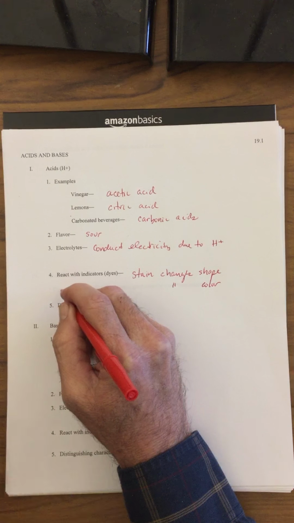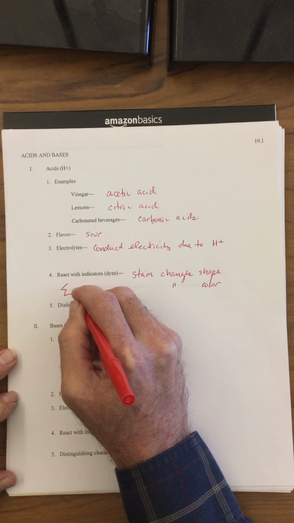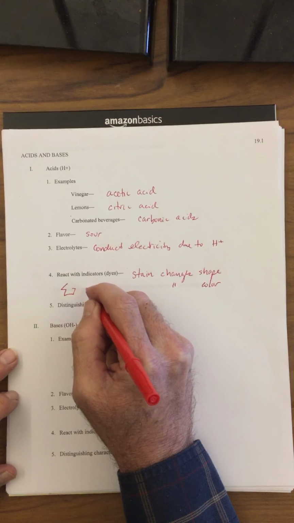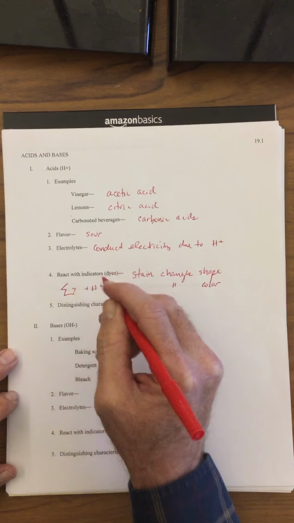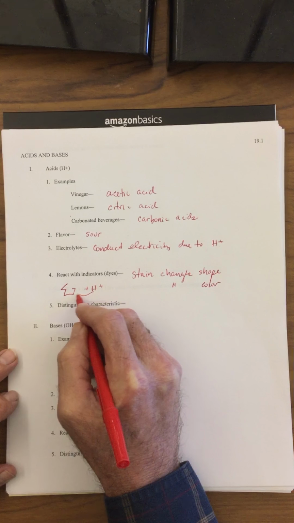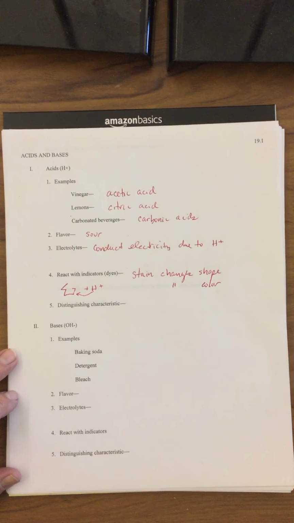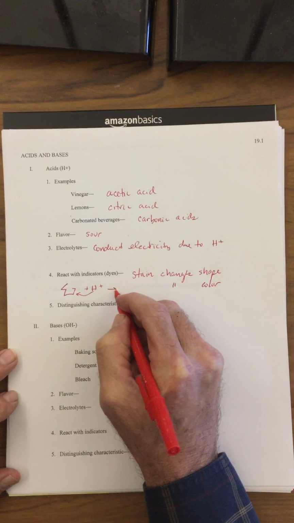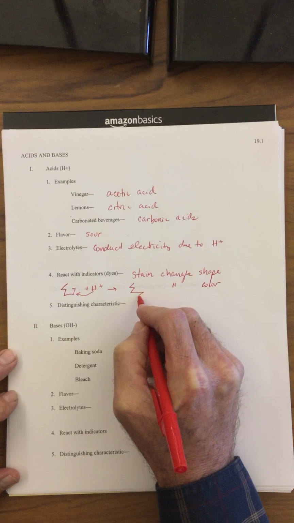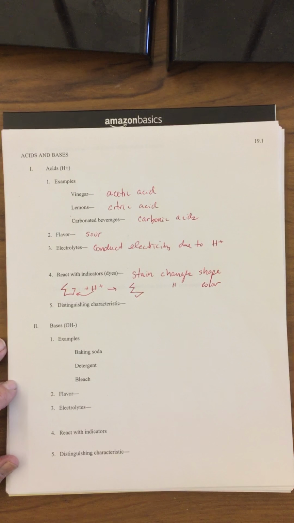So imagine that this is the shape of the stain. And then you add an acid to it, and the acid has the capacity to bind onto one of these regions right here, and then it changes this into something like that.